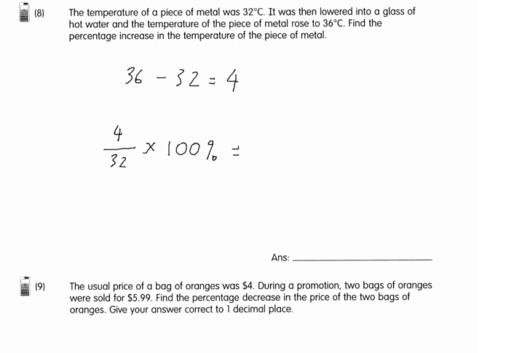Kaylin? 4 over 32. I'm asking you for the answer in percentage. Why are you telling me 4 over 32? MRP? Can't hear you, please.